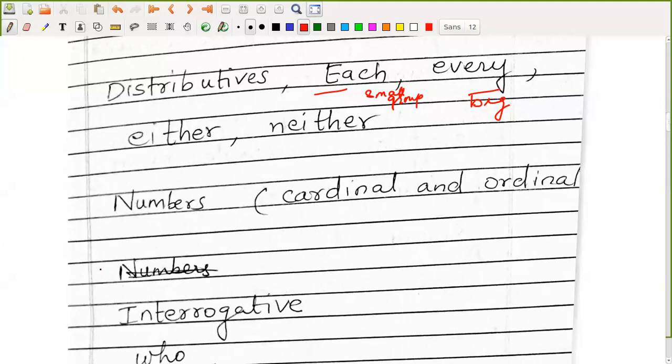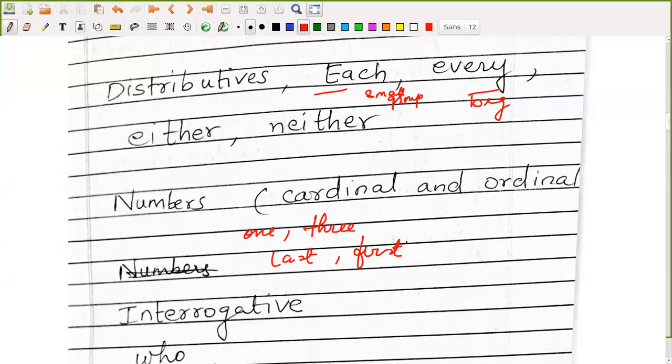Then you come to numbers, cardinal and ordinal. You can have cardinal numbers like 1, 3. Then you can have ordinal numbers like the last, first. These are also determiners. I have one pen.